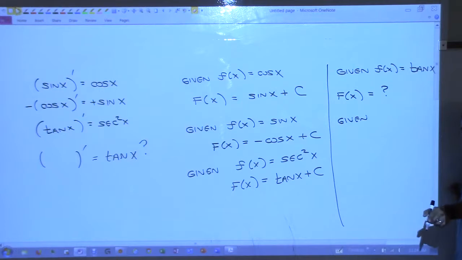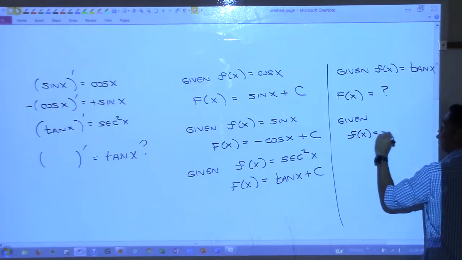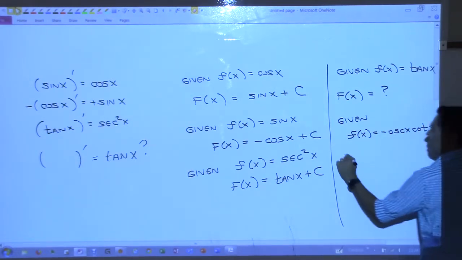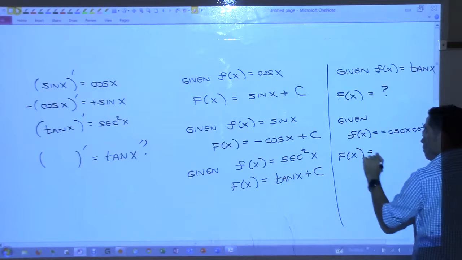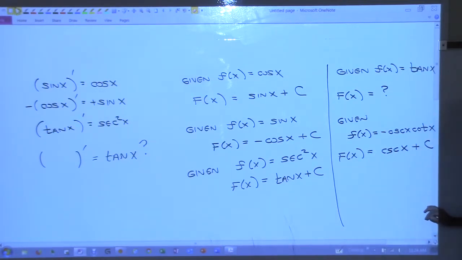Okay, so you're telling me that in Cal 1 the derivative of cosecant x was negative cosecant x cotangent x. So the only thing I can say here is that if I'm given negative cosecant x cotangent x, then yes, the general antiderivative of this would be cosecant x plus c, right? Because the derivative of this is this. Yeah? Are y'all following me?